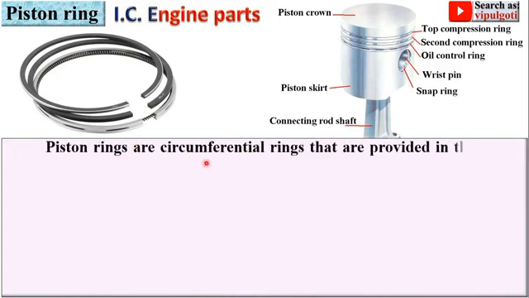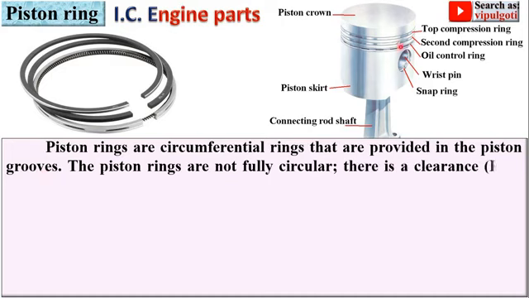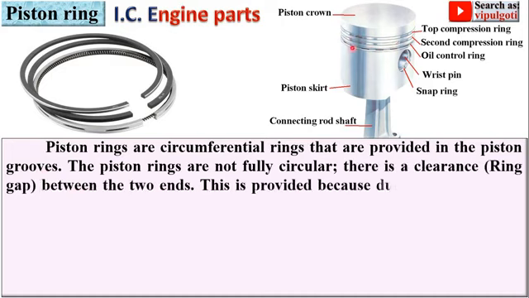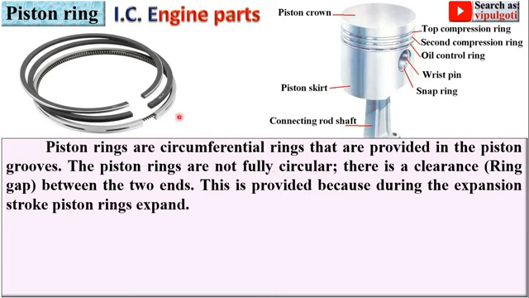Piston rings are circumferential rings that are provided in the piston grooves. This groove is for the piston ring. The piston rings are not fully circular. Here you can see there is a clearance that is called as the ring gap between the two ends. This is provided because during the expansion stroke, piston rings expand due to the high temperature.